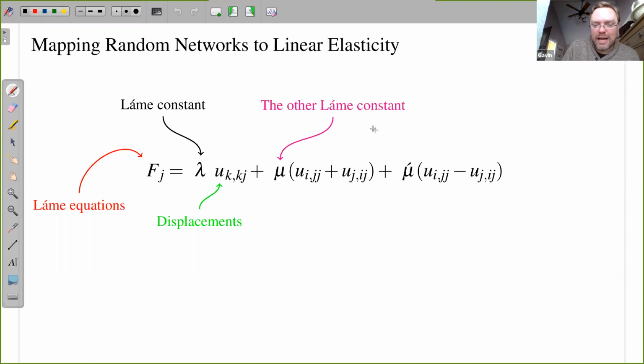There is the other Lamé constant, and because I'm mapping on the Born model, which is not rotationally invariant, there's an anti-symmetric term that has to come in in order to allow us to map this on. It's a term you wouldn't ordinarily find, though I'm trying to think if Landau and Lifshitz has it in their book, because they do a lot of work on crystals. It's required just because we don't have rotational invariance.